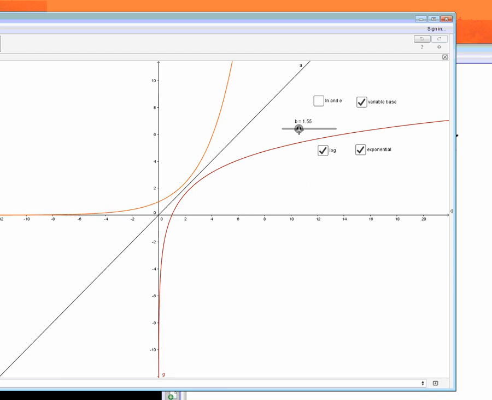Nikki, what do you see? Yes. Inverses. They are inverses. How do you know that they're inverses? Right. They are symmetric about the line y equals x.